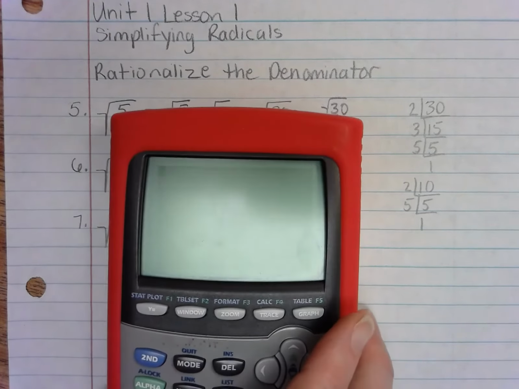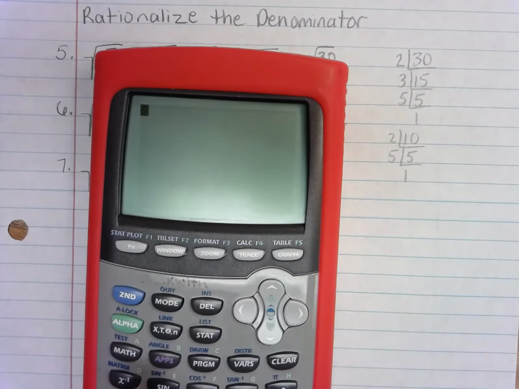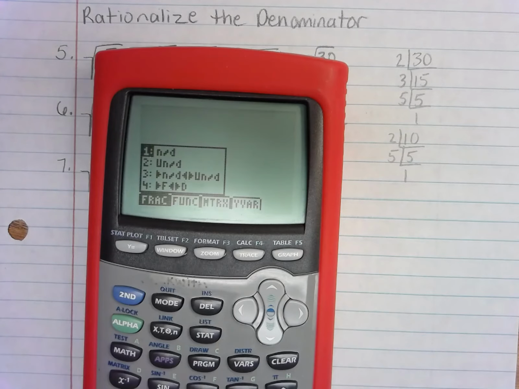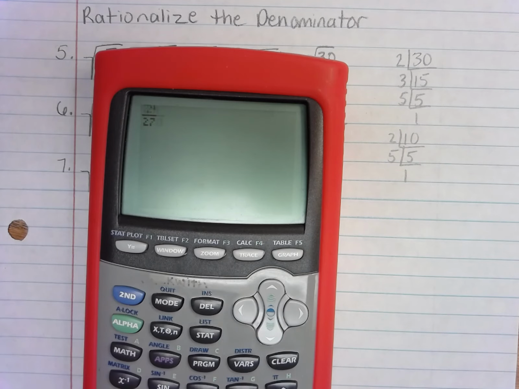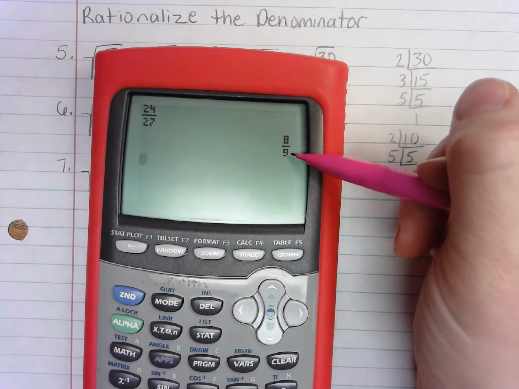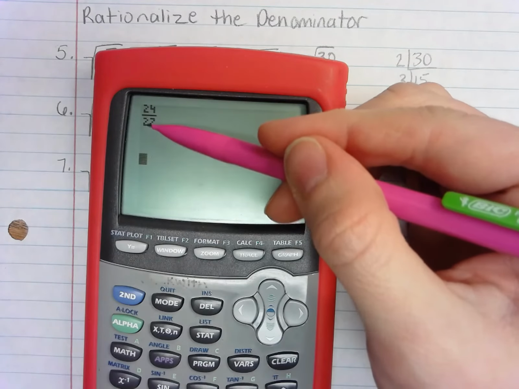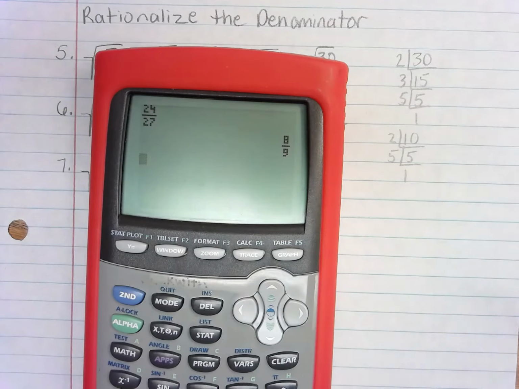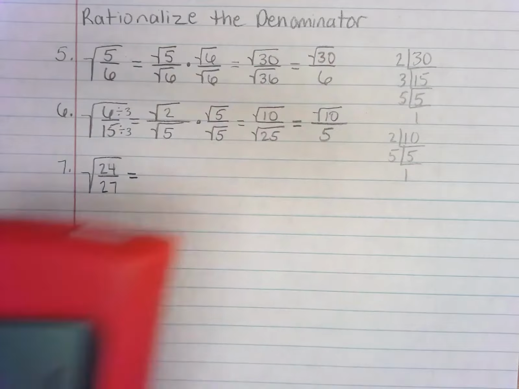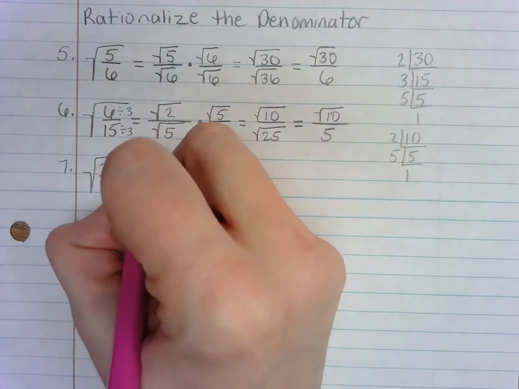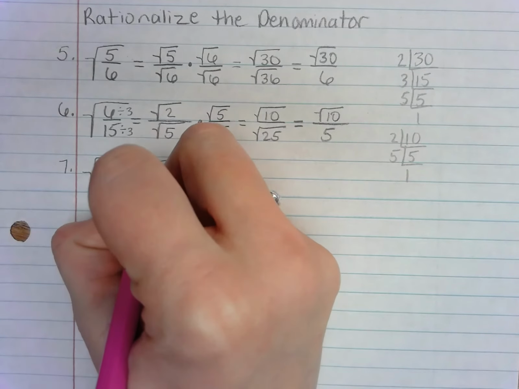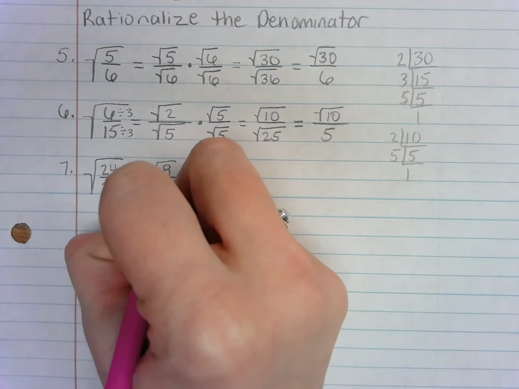If you're not sure, go to your graphing calculator and do alpha y equals and choose that fraction option and type in the fraction. So 24 over 27, it does reduce to 8 over 9. So if you're ever unsure if a fraction can reduce, use that alpha y equals feature to help reduce your fraction. So we get the square root of 8 over the square root of 9.